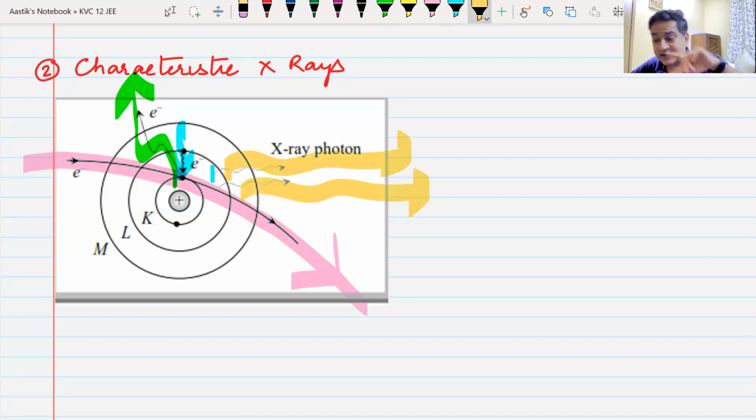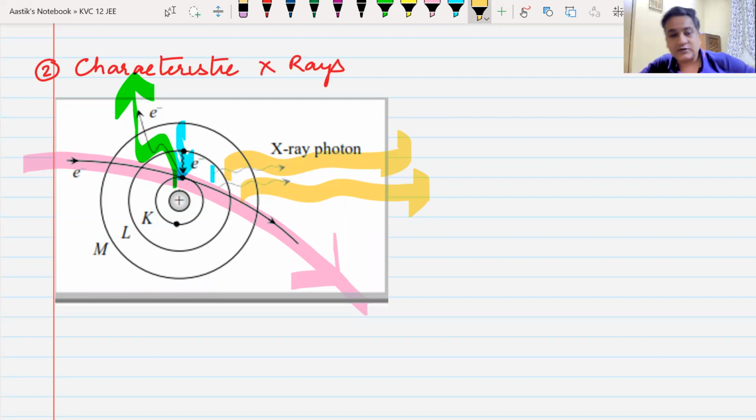These X-rays are in addition to the X-rays produced because of that diverted path. It depends on how many electrons are there inside, how many electrons will be knocked out. It depends on the metal. Therefore, these X-rays are known as characteristic X-rays.